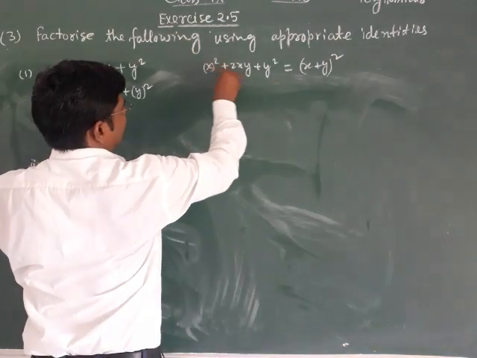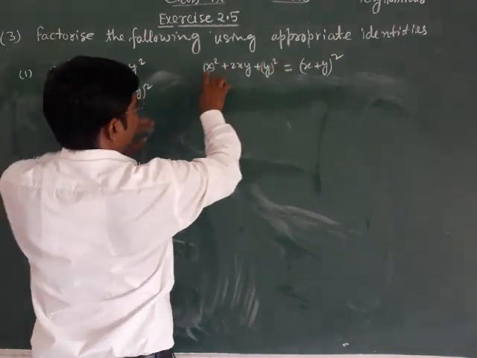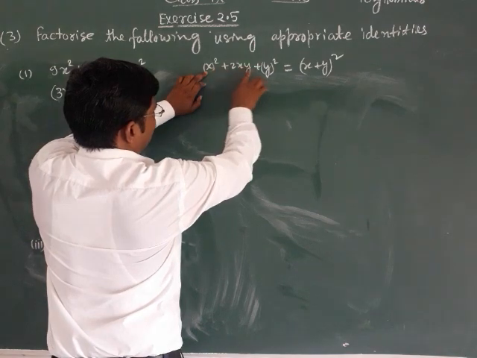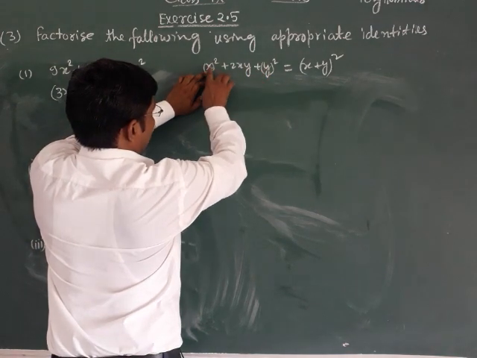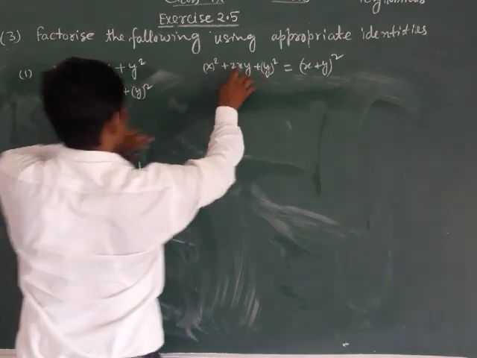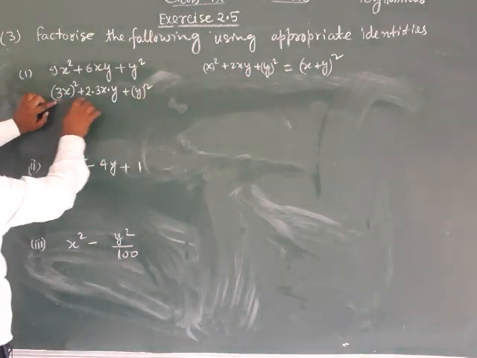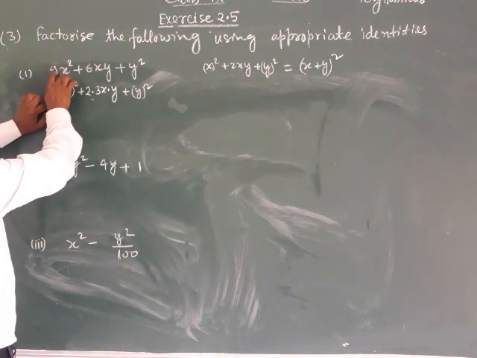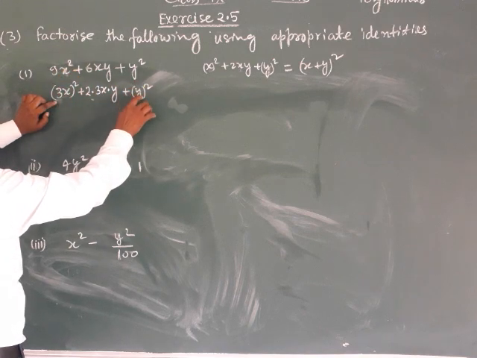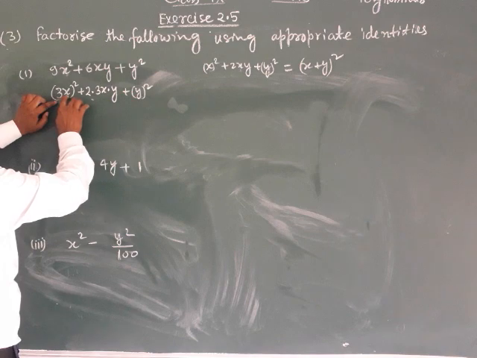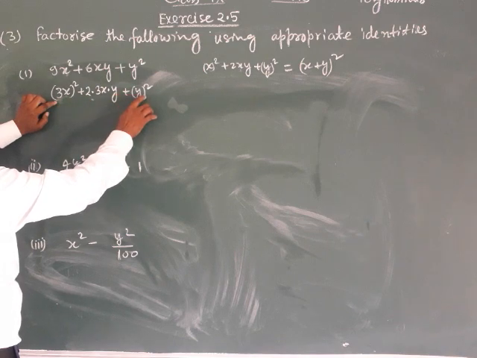So this is x square, this is y square, so x square, y square, plus 2 times their product. So use this identity here. So 9x square makes 3x square, and y square is y square. So 3x square, y square.